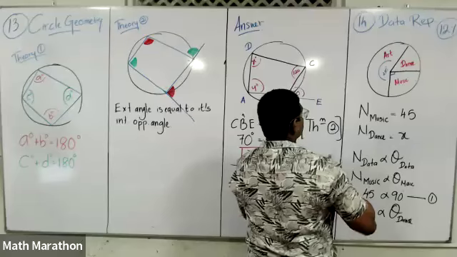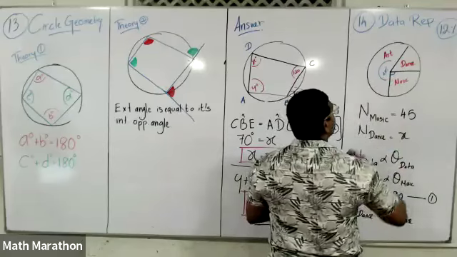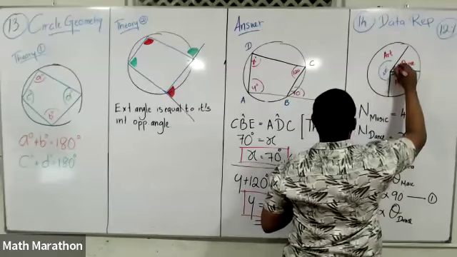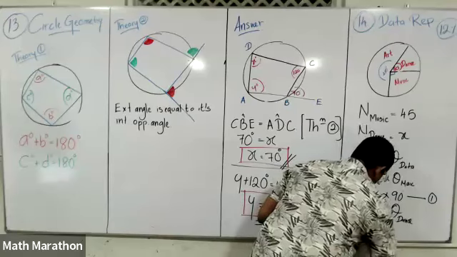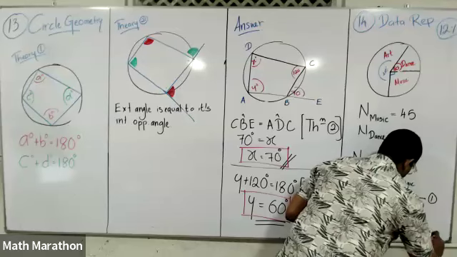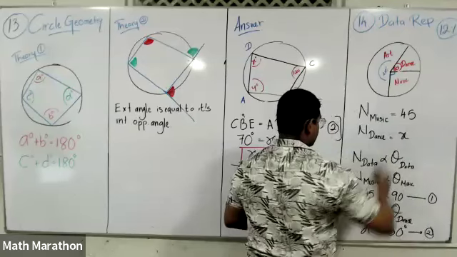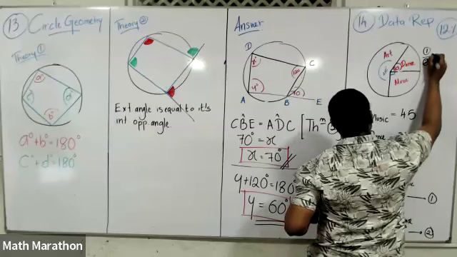I don't know it still. 210 plus 90 is 300, so this is 60 degrees. So x is proportional to 60 degrees. This is 2.